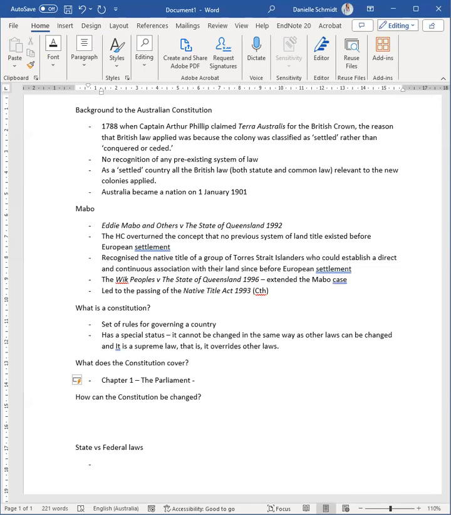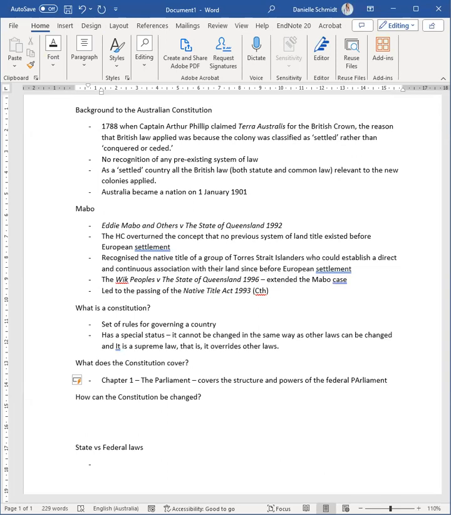It's quite small, the Constitution, a little A5 book, and you can have that with you in your exam or when you're doing your study for this subject, and you can quickly look things up and have them tabbed.